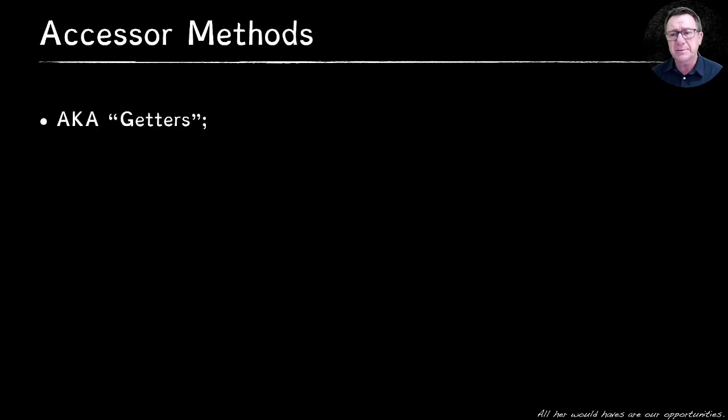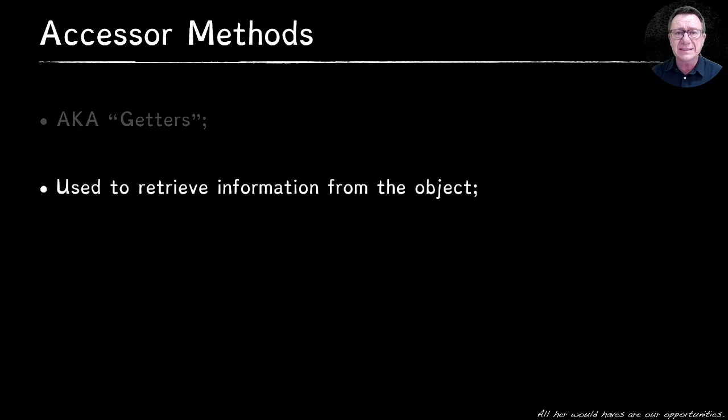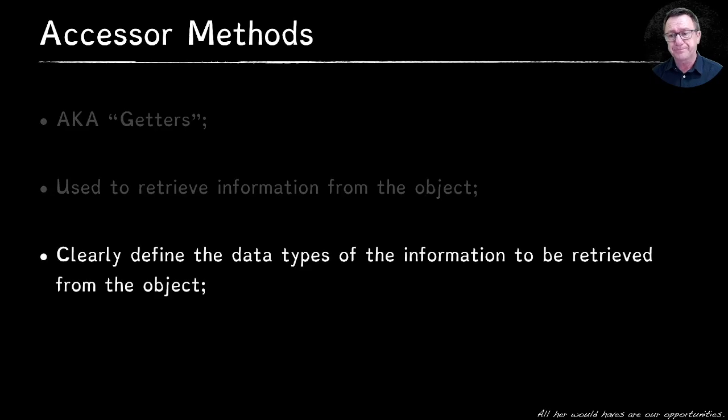So our accessor methods, also known as getters, retrieve information from the object. Now, we need to clearly define what they are retrieving.